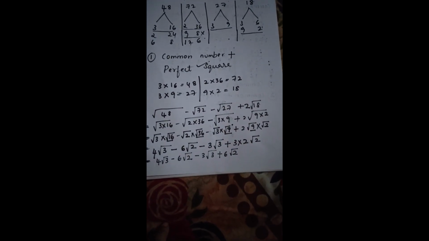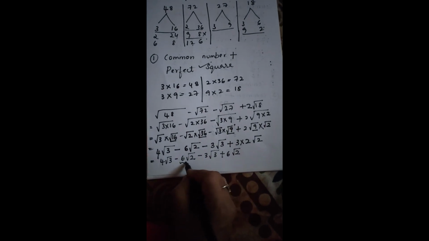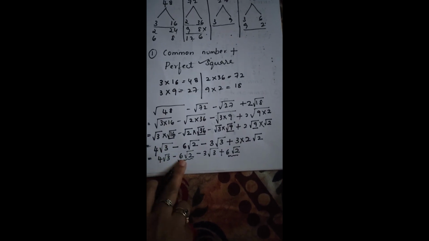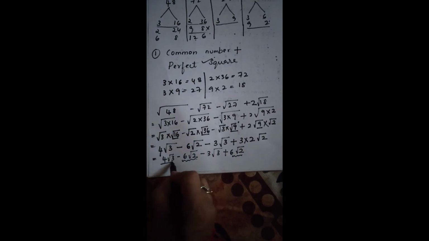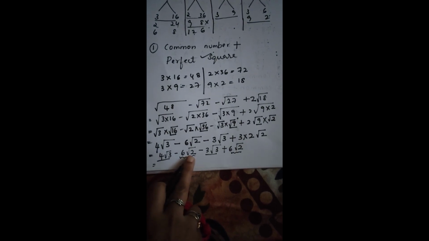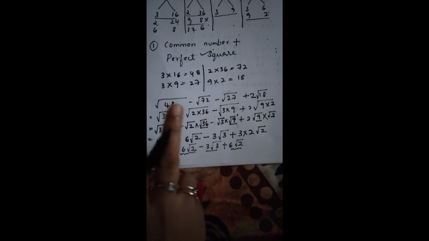Which roots are common? Root 2, root 2 is common. Root 3, root 3 is common, another pair. You can only subtract or add with the same roots.